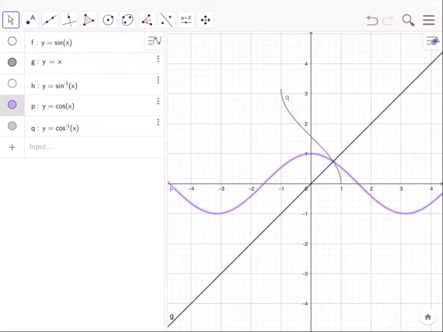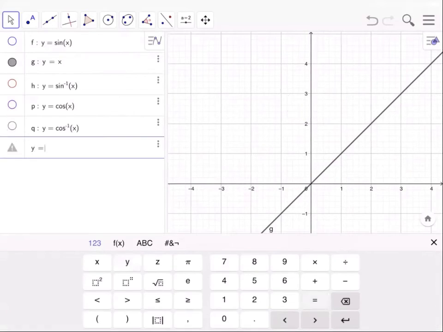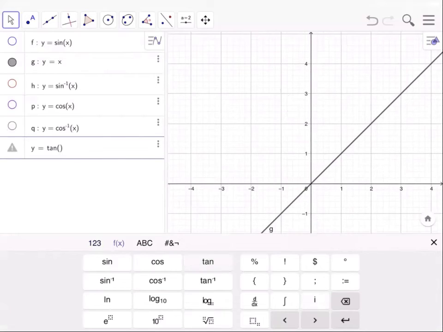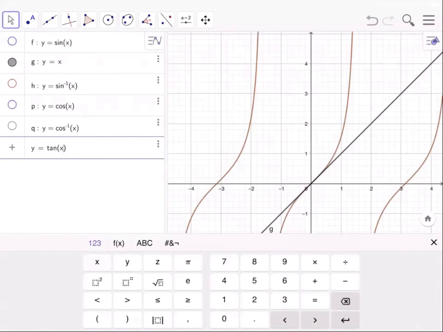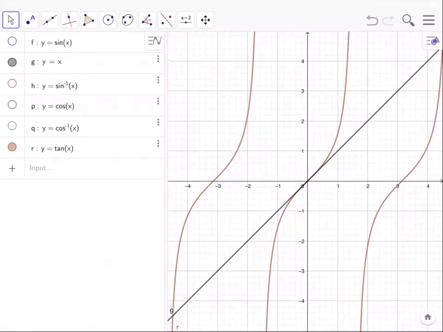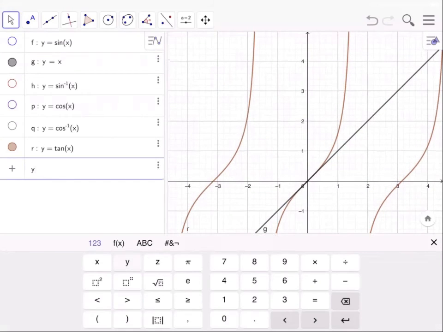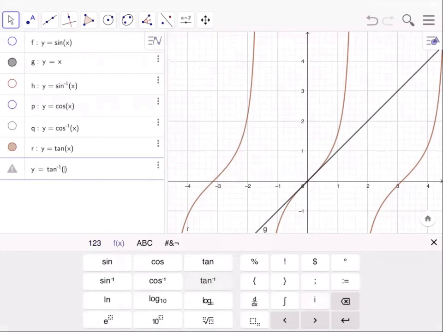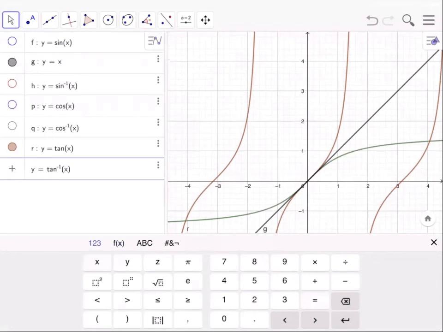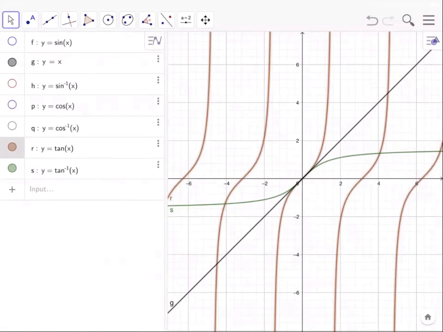That is the arccosine. And then the arctangent, this one we already did a rough sketch, but let's get something nice. The tangent is going to look like this, and the arctangent is going to look like this. We see here multiple branches of the tangent, but the one that crosses 0 is the one that we are actually reflecting across y equals x.